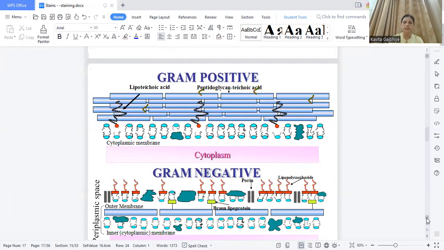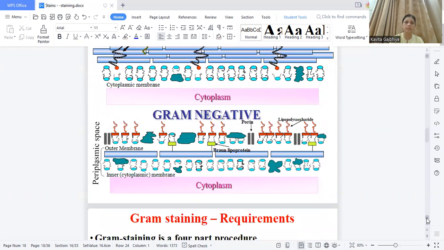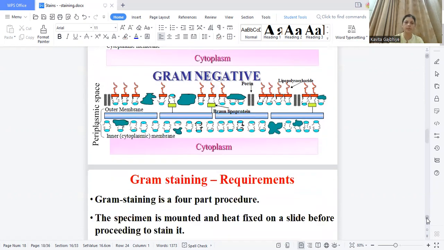Due to this difference in the integrity or composition of lipoteichoic acid and peptidoglycan in the cell wall, it shows different staining, positive and negative, because it interacts differently with the basic and negative dyes.